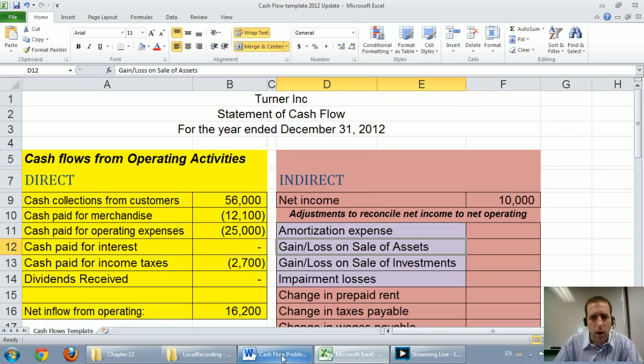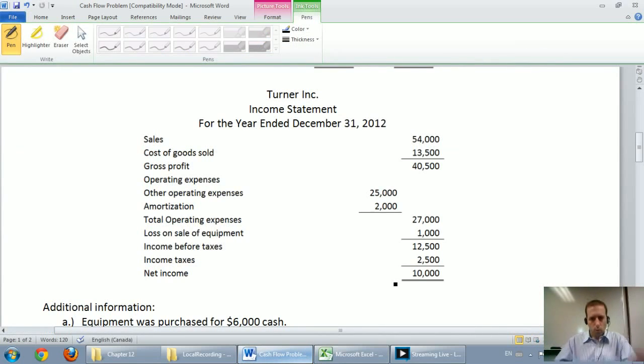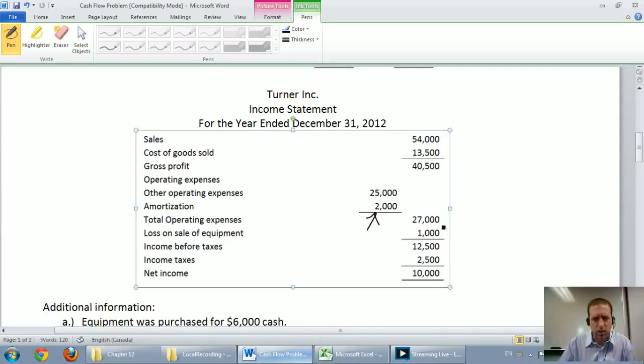Let me explain why. What the indirect method is saying is that this number, net income of $10,000, is a fair representation of our cash flow from operations. It's not a bad estimate, but it's not perfect. One of the things we said in the last video, and I'll repeat here, is that this $2,000 amortization or depreciation expense is not a cash expense.